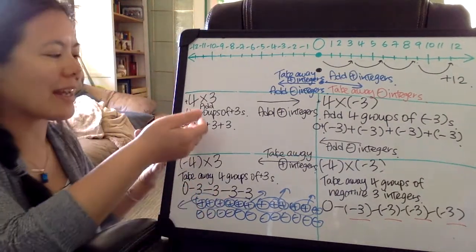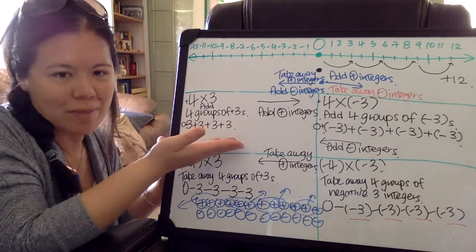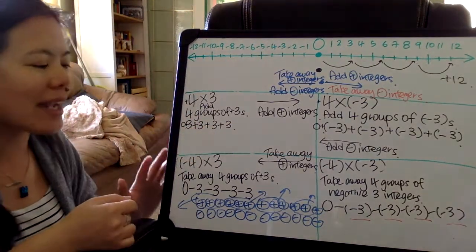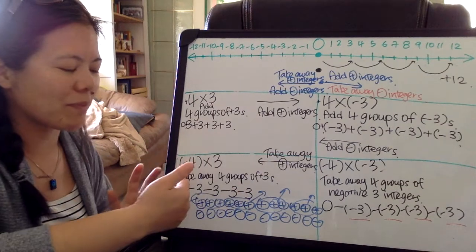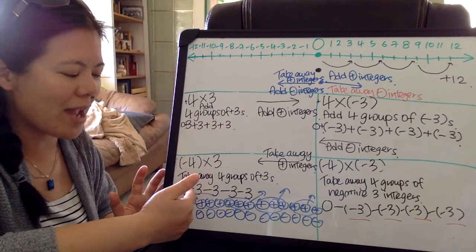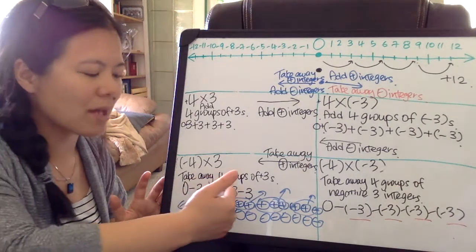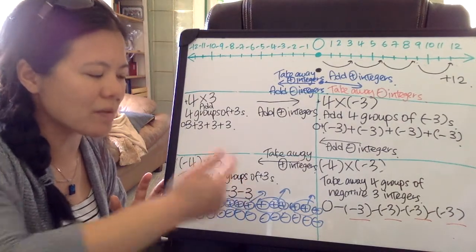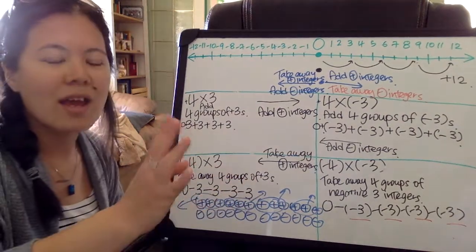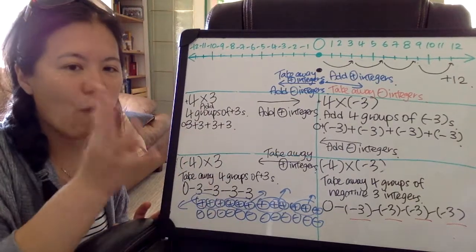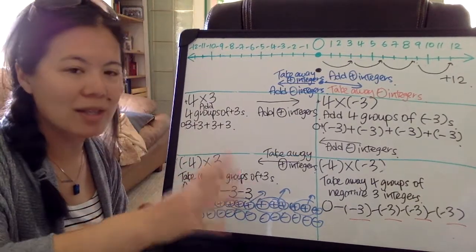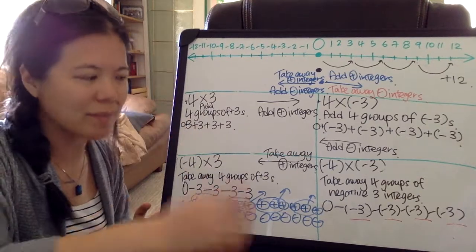That means you're adding 3 4 times. And when you're taking away 4 groups of 3s, that means you're taking away minus positive 3, minus positive 3, minus positive 3, minus positive 3. You're taking away positive 3 integers 4 times.